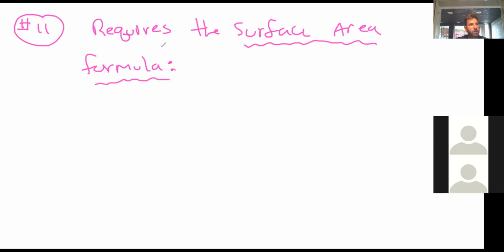So if I take a region or a curve and I rotate it, we already talked about how we can imagine we get a solid. So the question then becomes, what is the surface area of that solid? If we go through much of the same reasoning that we went through with the arc length, we come to the following.